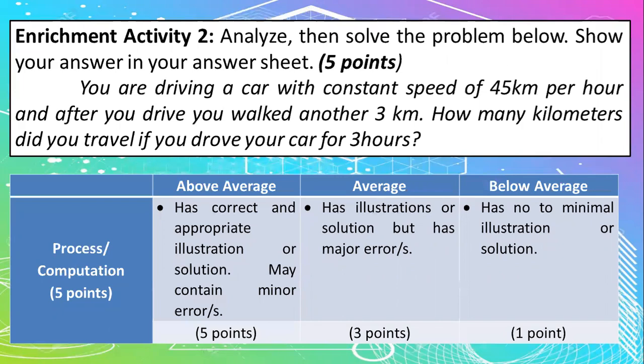Okay? So, same with our enrichment activity number 2, there's just a problem solving. So we simply need to answer this and of course show your solution. You can easily access this and see this on your SLG po mga anak.